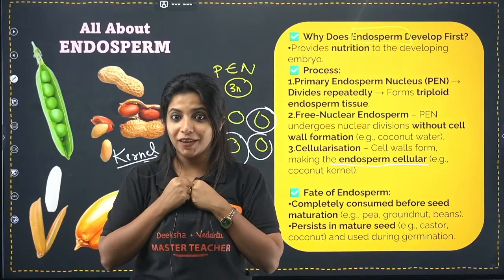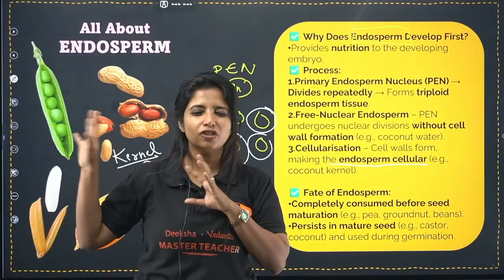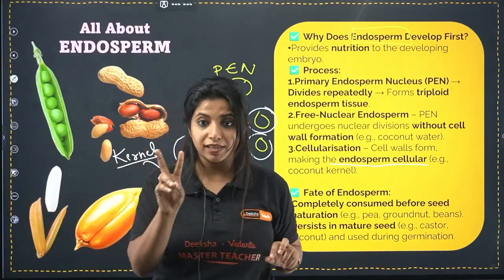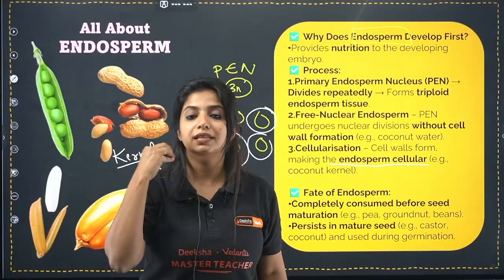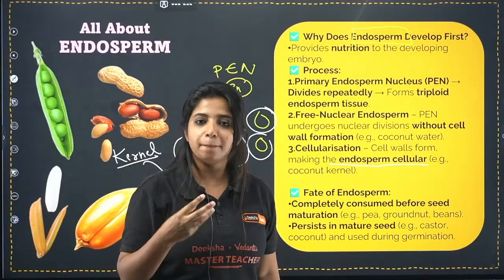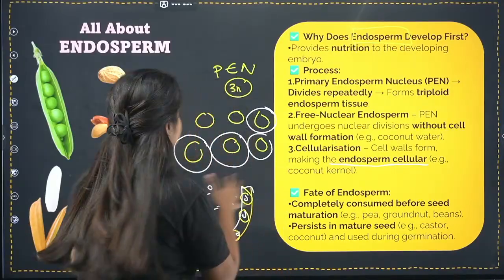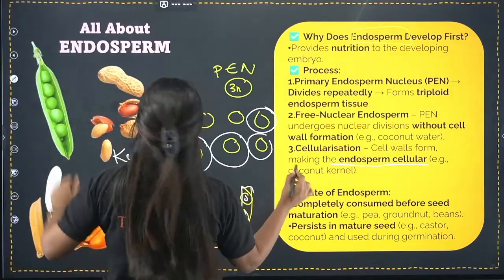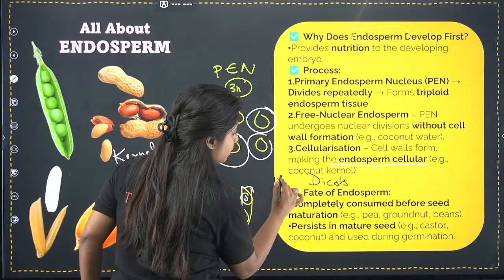And sometimes the embryo says, I'll leave a little bit of endosperm, let it be there. So there are two ways. Sometimes it can be completely consumed before the seed becomes mature. For example, pea, groundnut, beans, mostly in the case of dicots. I am saying it is mostly, I'm not saying all the dicots.